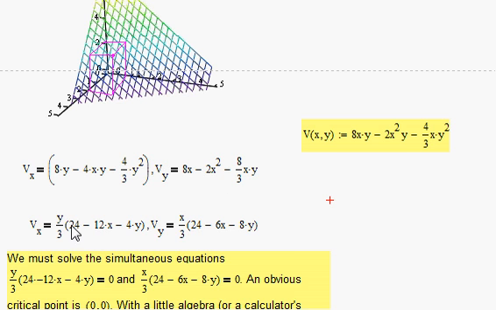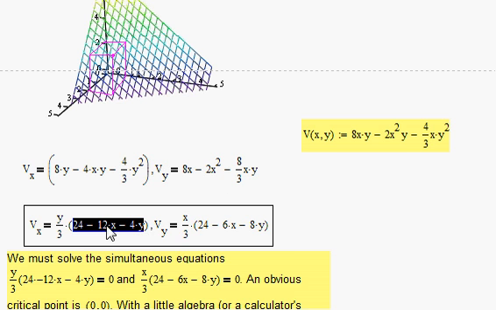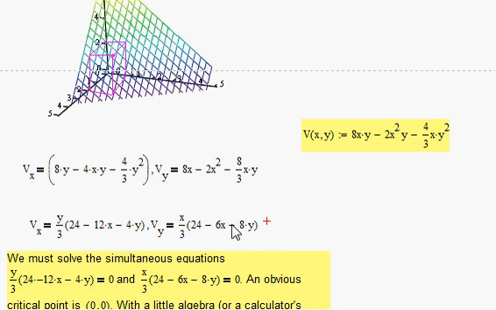But to look into other solutions, then 24 minus 12x minus 4y equals 0, or 24 minus 6x minus 8y equals 0. If we set this a little different, it would be 12x plus 4y equals 24. This one would be 6x plus 8y equals 24.